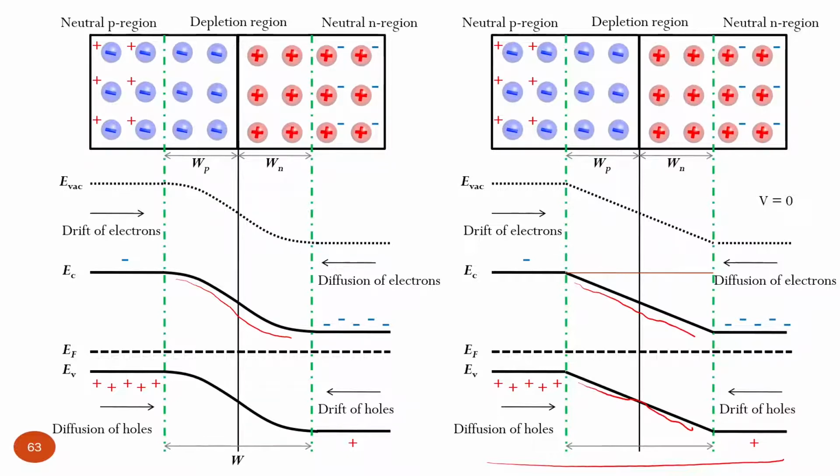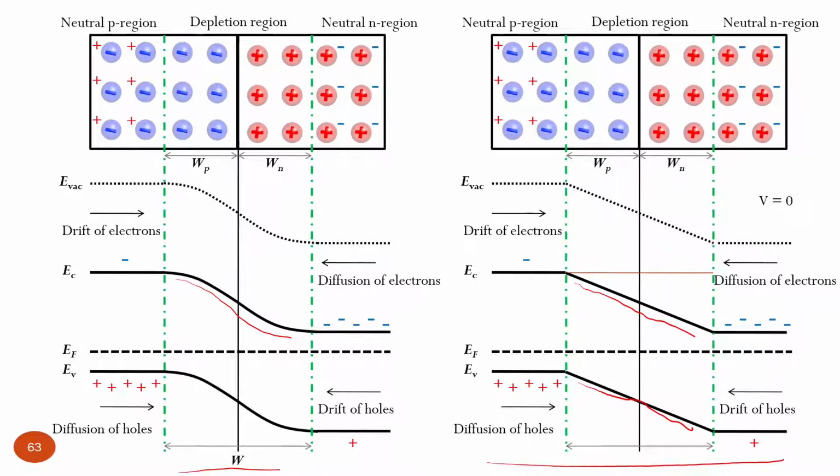So what is the reason for this quadratic dependence of band bending in a regular p-n junction? There is a relationship between band bending and the electrostatic potential distribution, which is also a quadratic function of position.